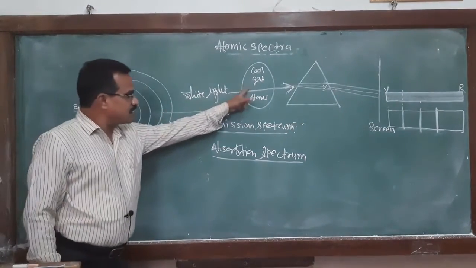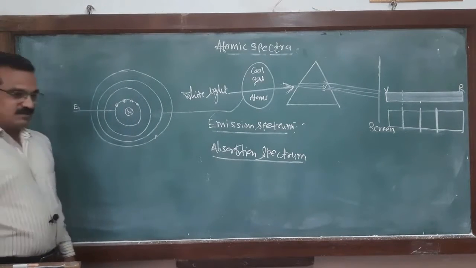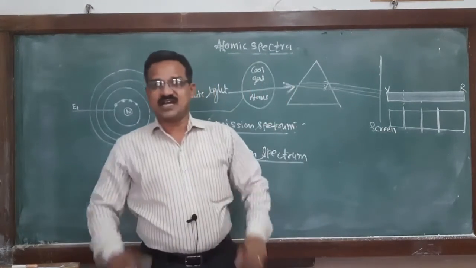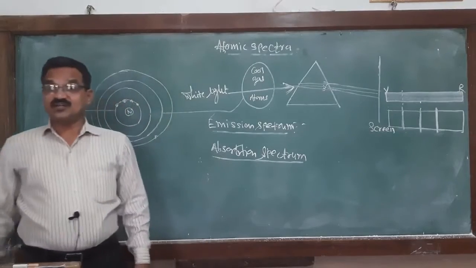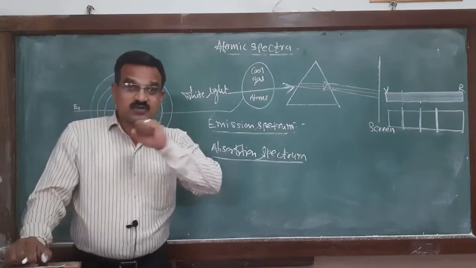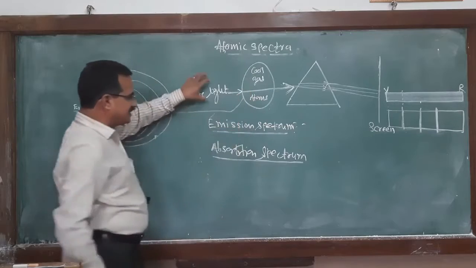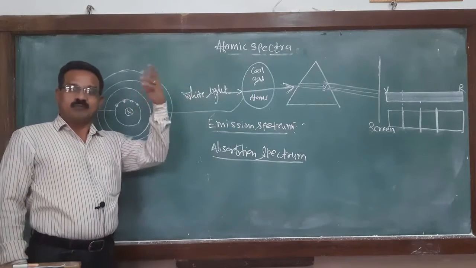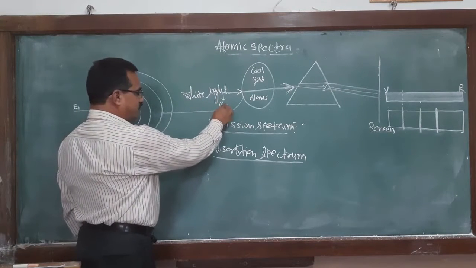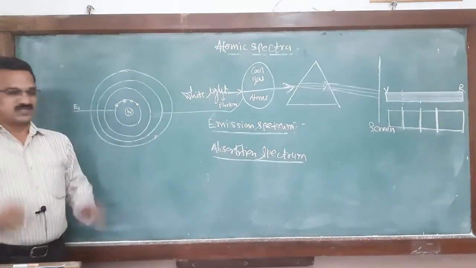But when white light is passed, what will happen? An atom can not only emit radiation, but it also absorbs radiation. When the light contains a number of particles, a single particle of that light we call a photon. It means the atom absorbs photons.